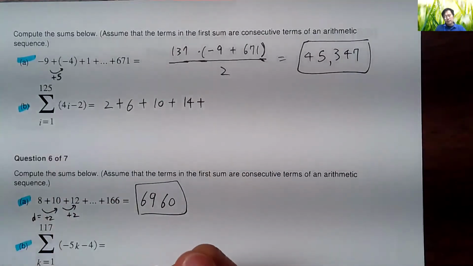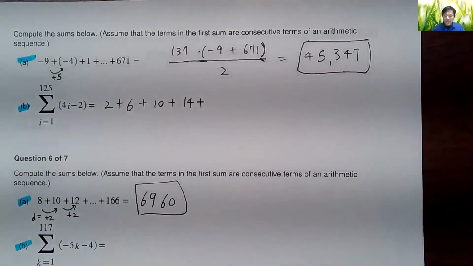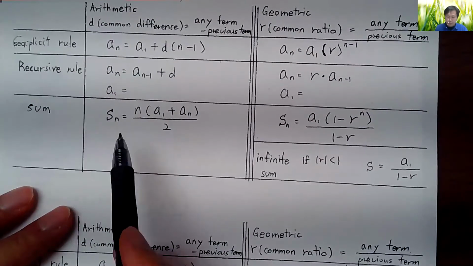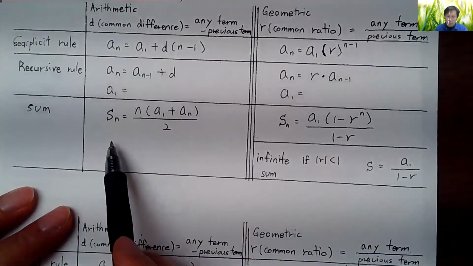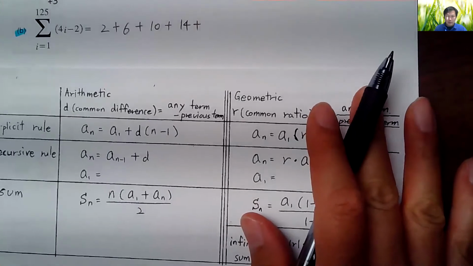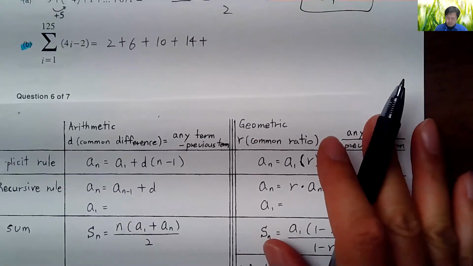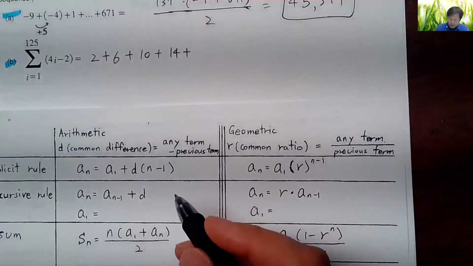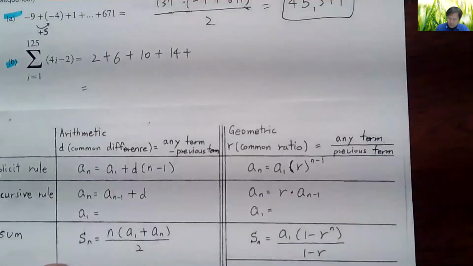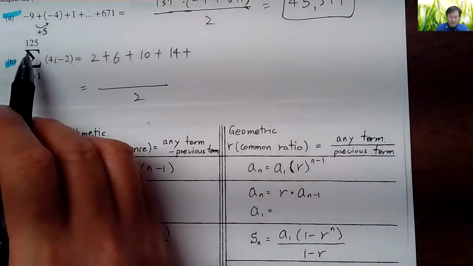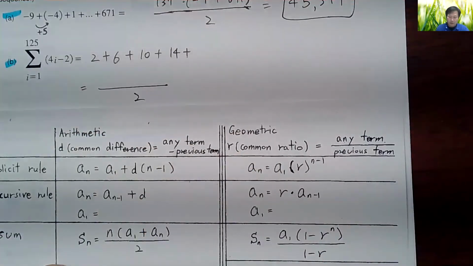So how do we use this information? This is a summation, which means you can use a summation formula. If you look at the summation formula, it's pretty much a done deal, almost. Using the summation formula, divide by 2, and the n value is provided here: 125 is the value of n.